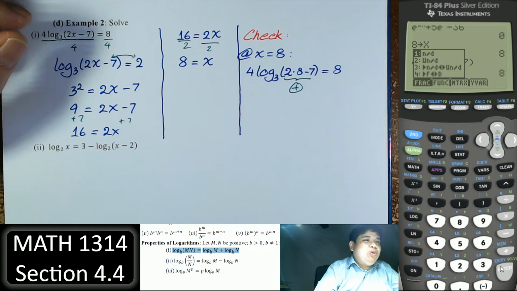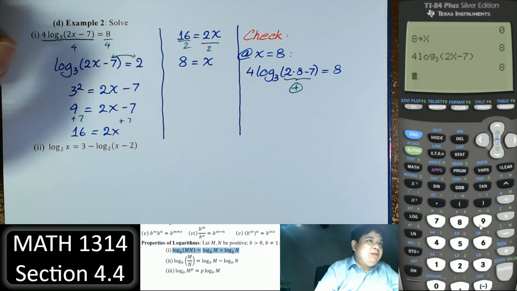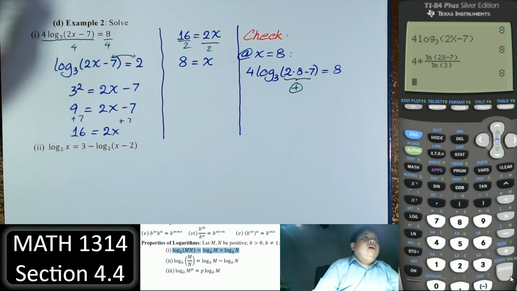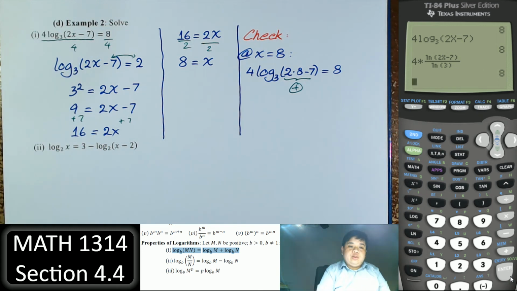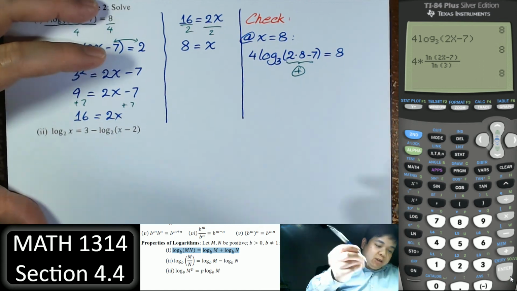Just want to do this so we review the change of base. If we cannot type the base 3, use ln of 2x minus 7, ln of the argument over ln of the base. We should get the same thing. Right, so that is the change of base formula. So in this case, that's what we have.